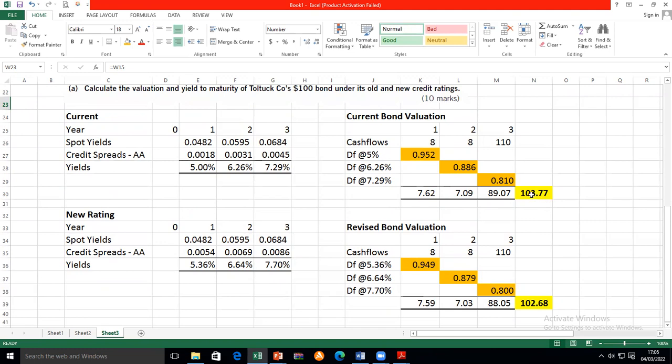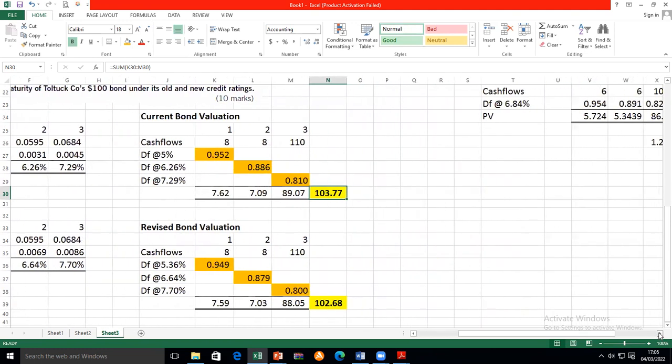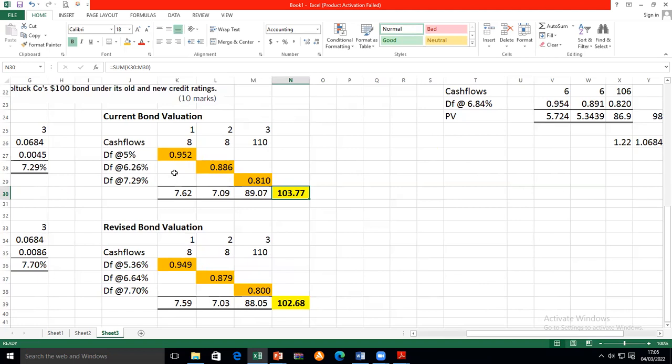So if the market value is 103, we find the internal rate of return. So let's find the internal rate of return for these cash flows here. So you've got your 103, and you also got the cash flows, 8, 8, and 110. So what is our internal rate of return? So let's go.